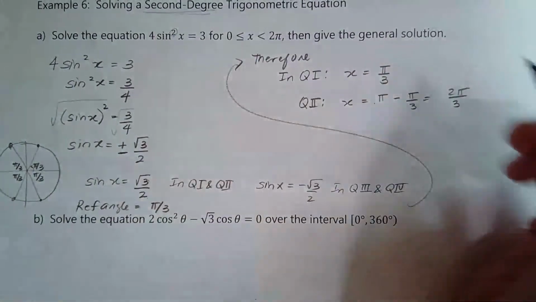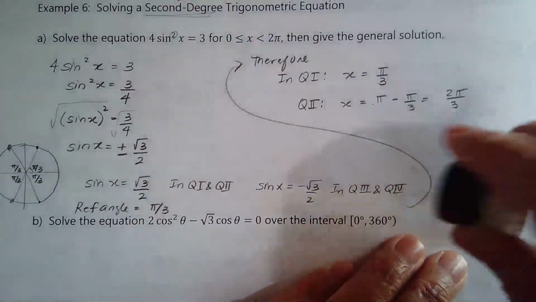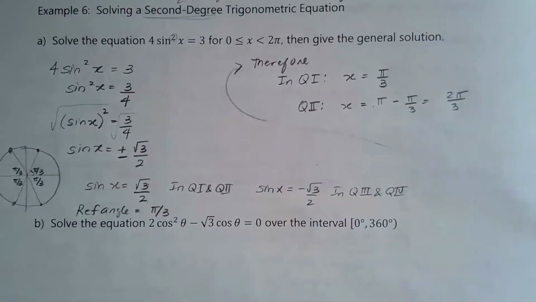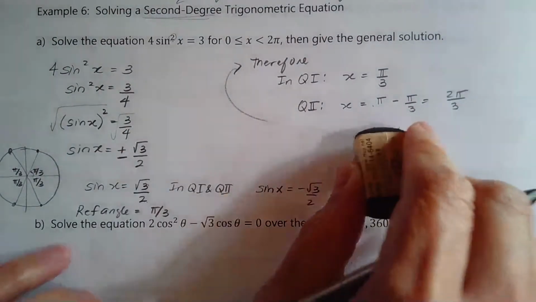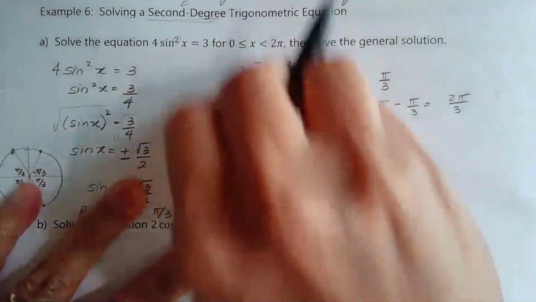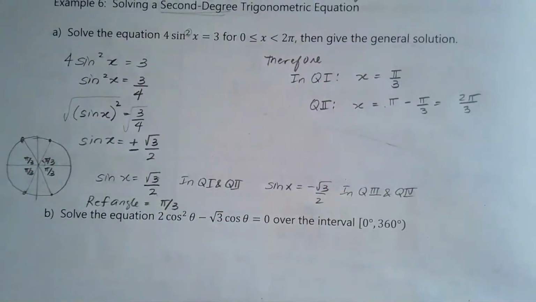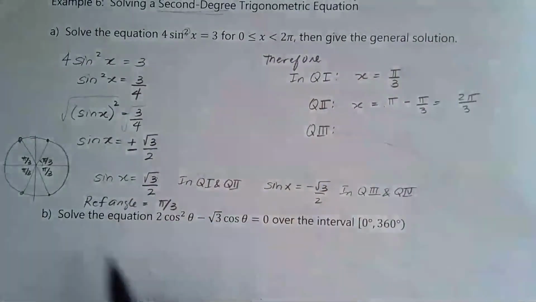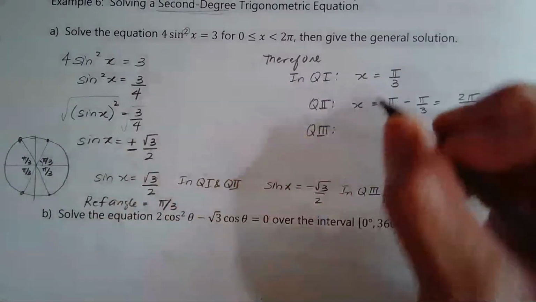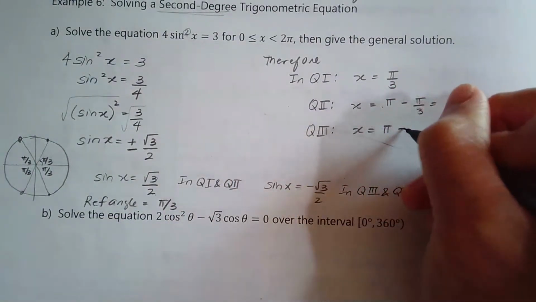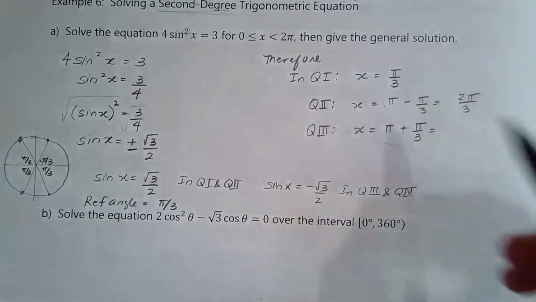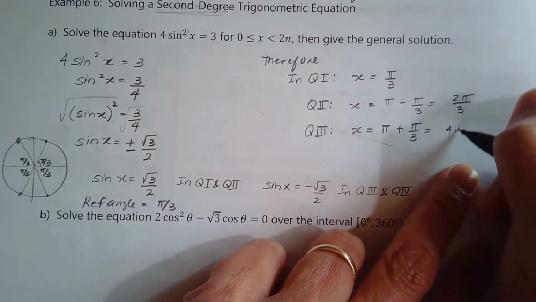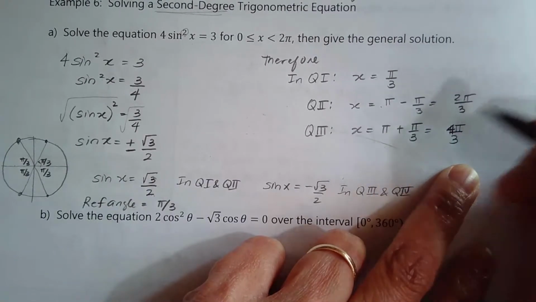In quadrant 3, it's going to be pi plus pi by 3. That's 3/3 of a pi plus 1/3 of a pi, so 4 pi by 3.